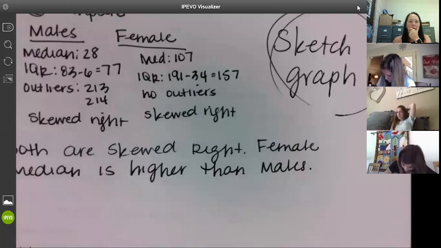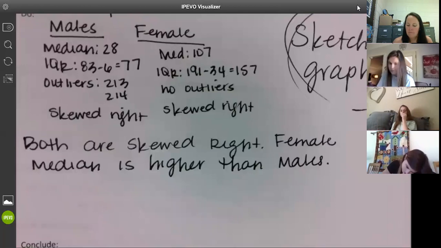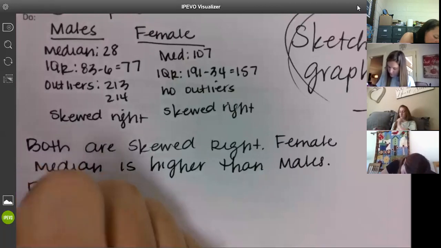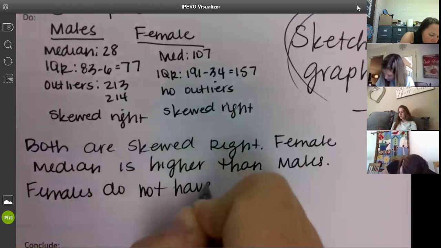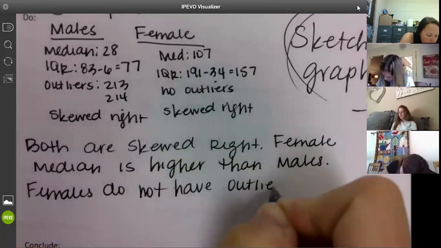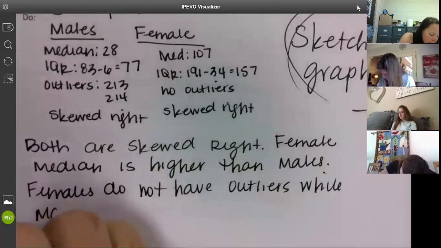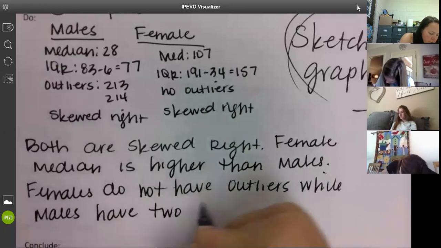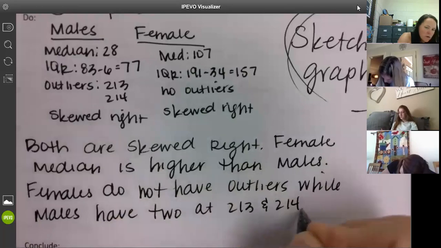What else can you tell me? The females didn't have any outliers, whereas the males had two. Females do not have outliers, while males have two, and those are at 213 and 214.